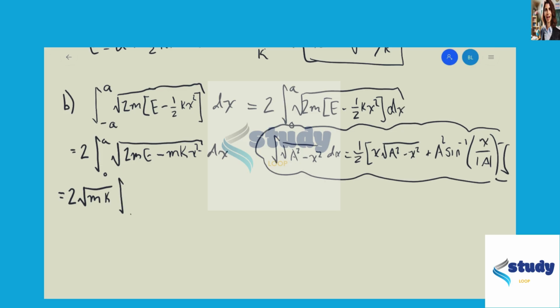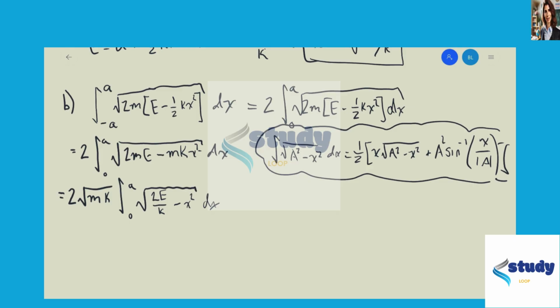And then we'll have the integral from 0 to a of the square root of, and now we're going to say 2mE divided by mk. The m's are going to cancel. And we will wind up with 2E over k, a familiar quantity, minus x squared. We're taking the integral over this, dx.